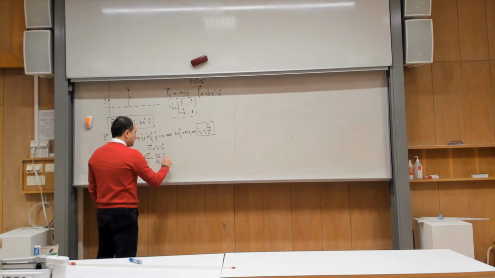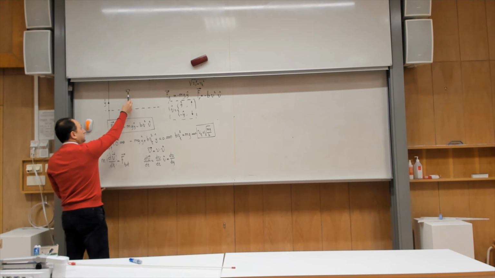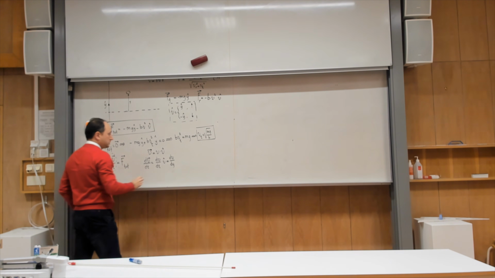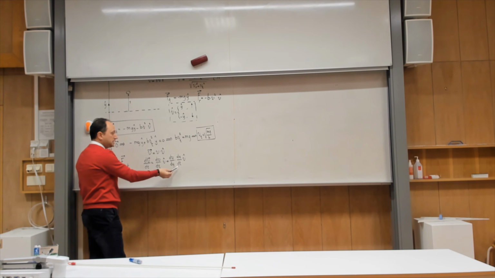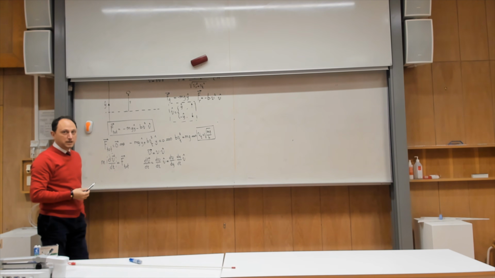But now I want to write it in this form. Instead of dv dt, I would write dv dy, where y is the y coordinate of my particle, multiplied by dy dt, and then I will have v hat. So be careful, dy dt is not the speed, it is the velocity.